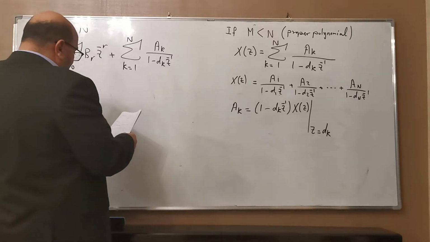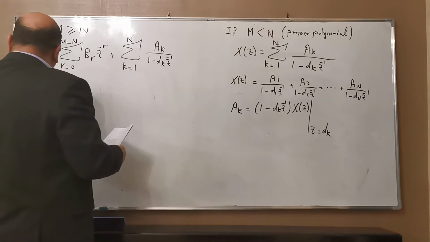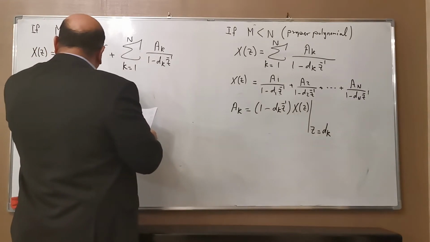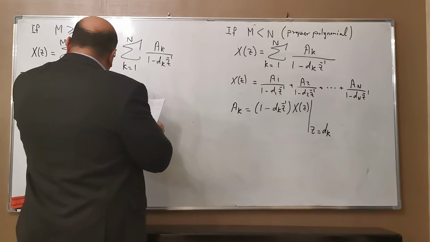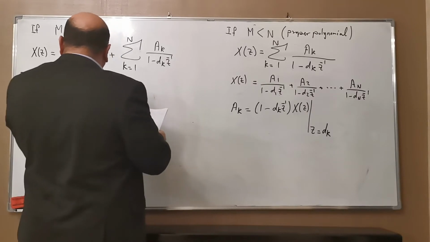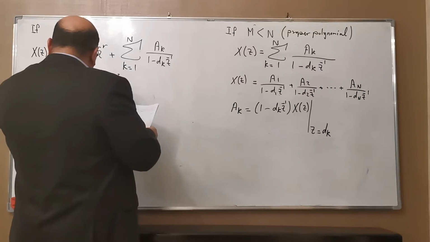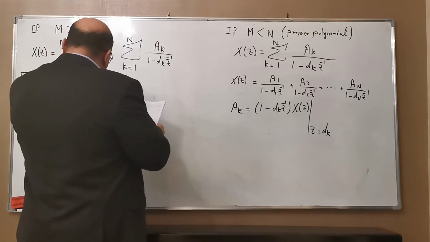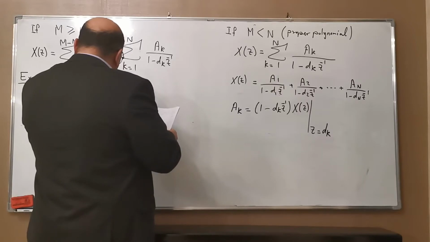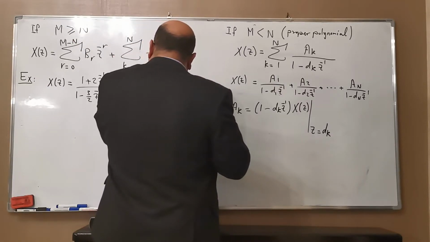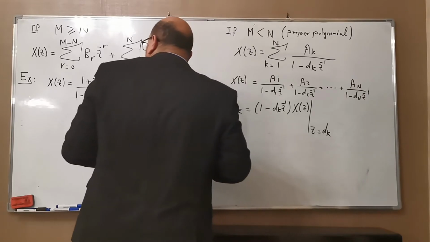Okay, we have X(z) equals 1 plus 2z inverse plus z to the minus 2, divided by 1 minus 3/2 z inverse plus 1/2 z to the minus 2, and the magnitude of z is greater than 1.